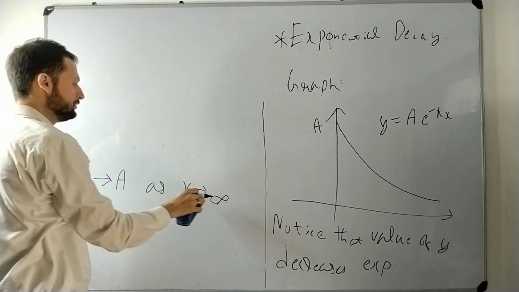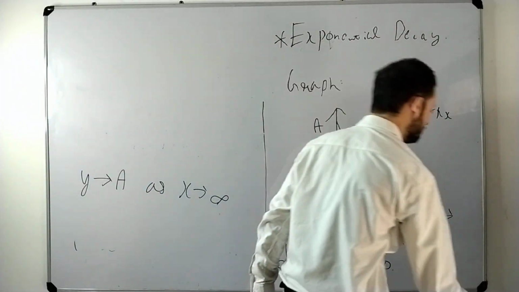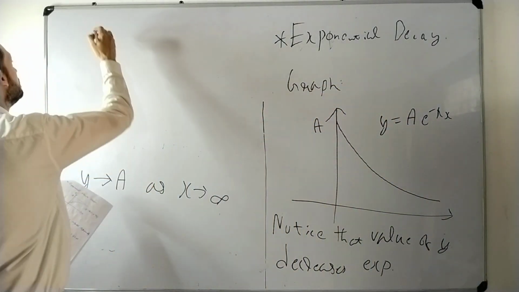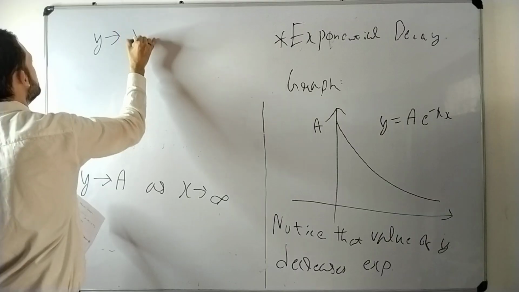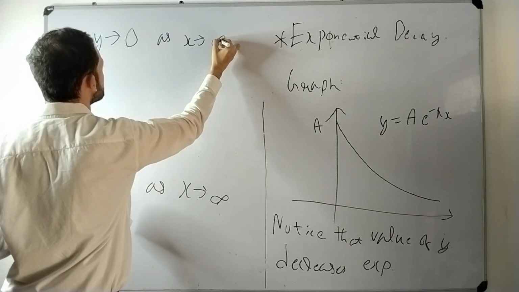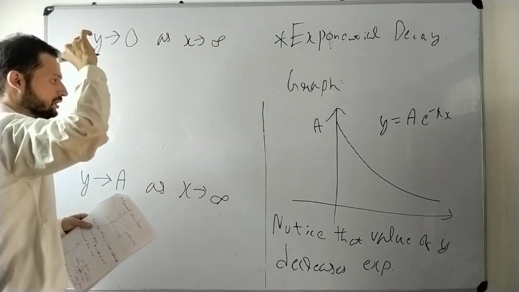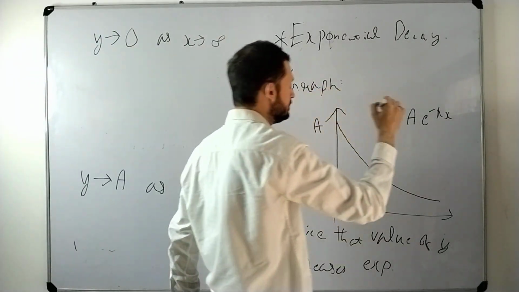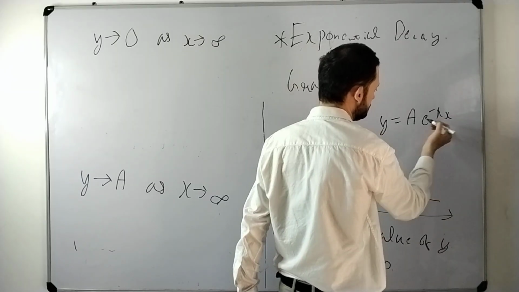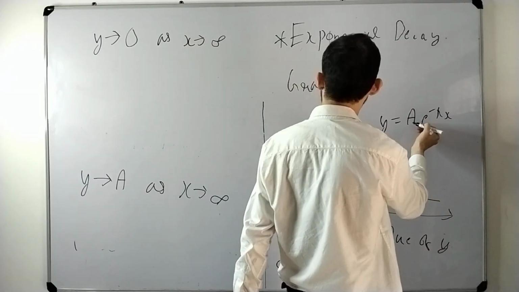So whatever it would be, just the inverse of exponential growth. Yes, very nice. y tends to 0 as x approaches infinity. Notice that when x is approaching infinite value, this whole value is becoming 0.